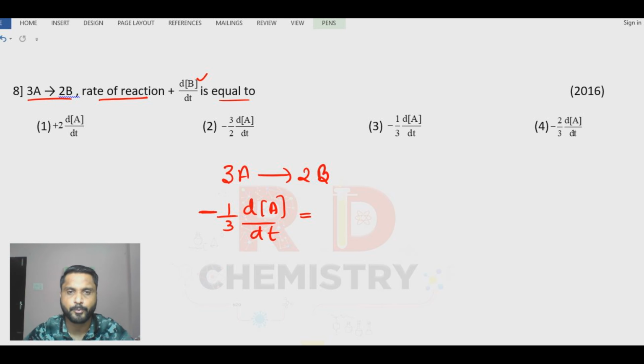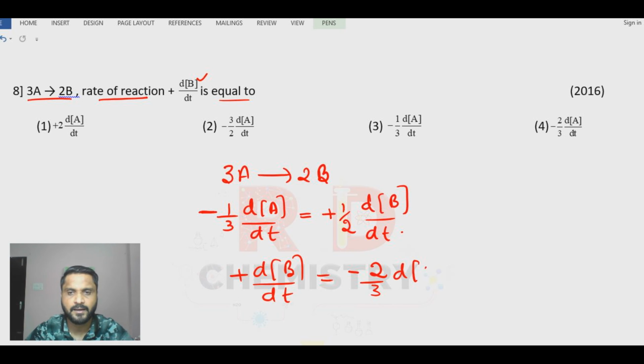With respect to product, plus 1 by 2 you are supposed to write on the dB divided by dt, correct? Therefore the rate of change of B, dB divided by dt, is equal to minus 2 by 3 dA divided by dt, correct? So what is the answer, students? Answer is option number 4, right? Minus 2 by 3 dA divided by dt, right?